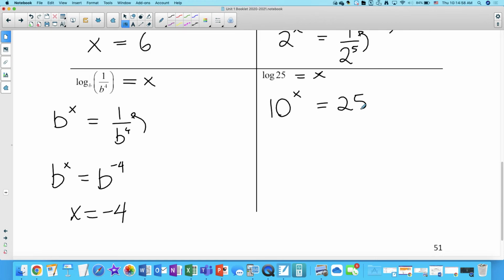No. Right? 25 cannot be written using a base of 10. So this we can't solve algebraically. I should say can't solve it algebraically yet. By mid next week, we'll be able to solve this algebraically.